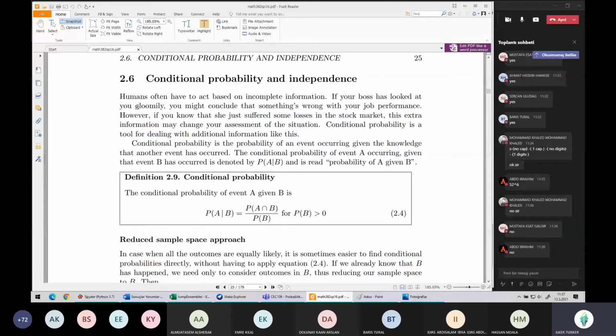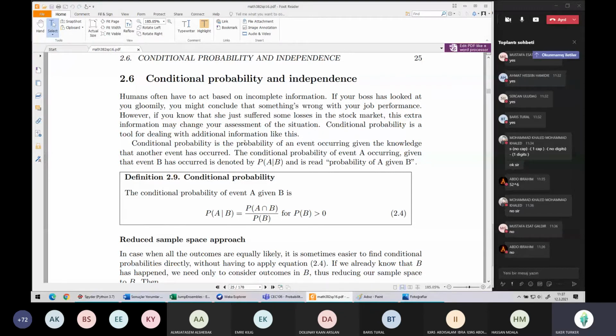However, if you know that she just suffered some losses in the stock market, this extra information may change your assessment of the situation. You get relaxed. Conditional probability is a tool for dealing with additional information like this.